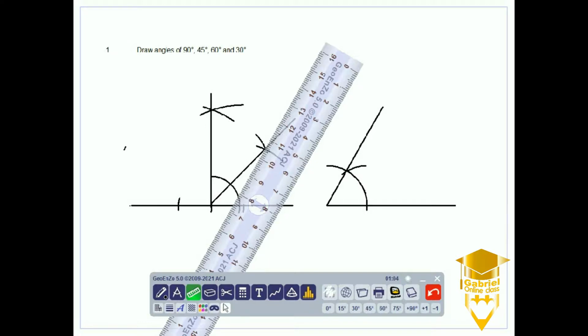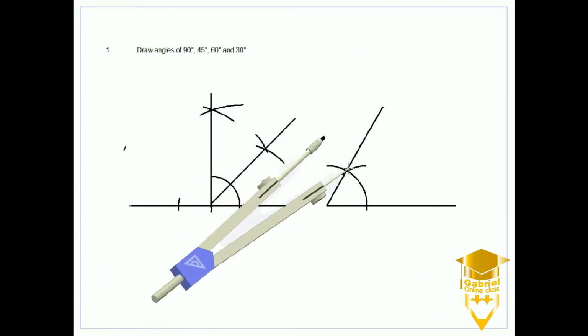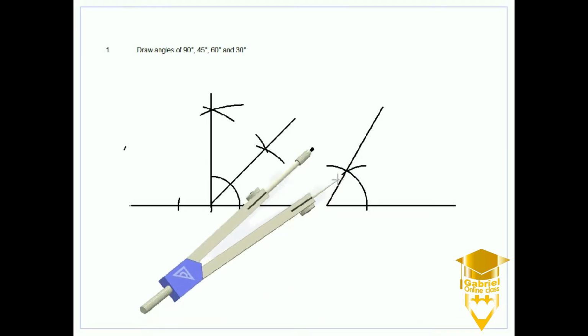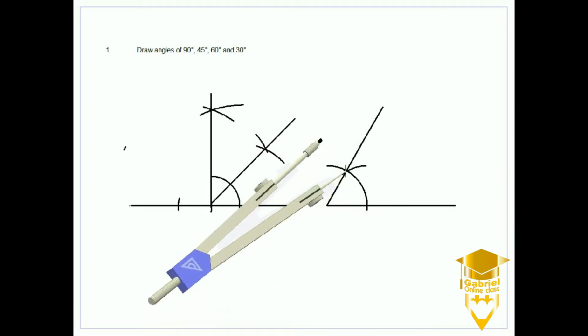So we take our compass now, put the sharp end at that point, and we use a different radius now.